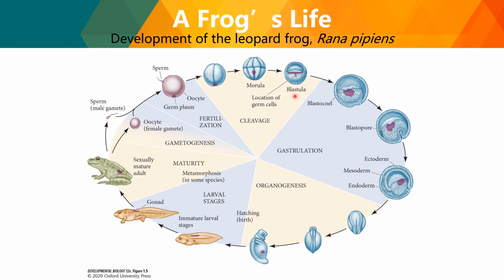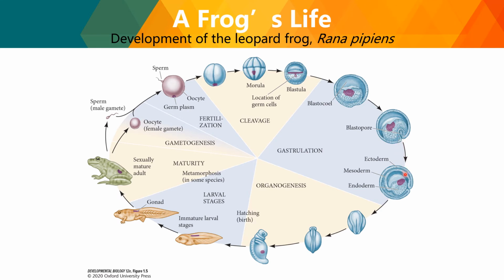Okay? And then when it enters the gastrulation phase, you see now the development of the blastocele, which is actually a site, a hollow site within the cell. And then you will see here an invagination for the formation of the blastopore.